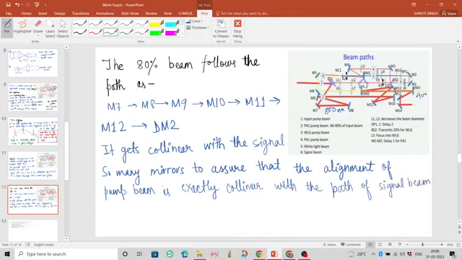Okay, so we have to check on that, and we have to adjust the path traveled by the pump beam so that, after hitting the dichroic mirror, its path is exactly collinear with the signal.